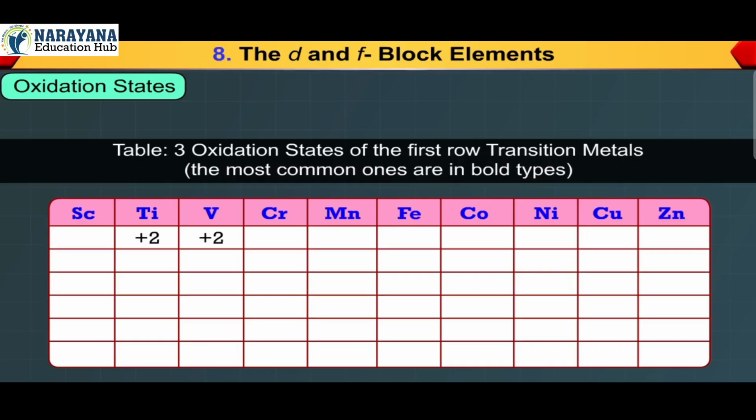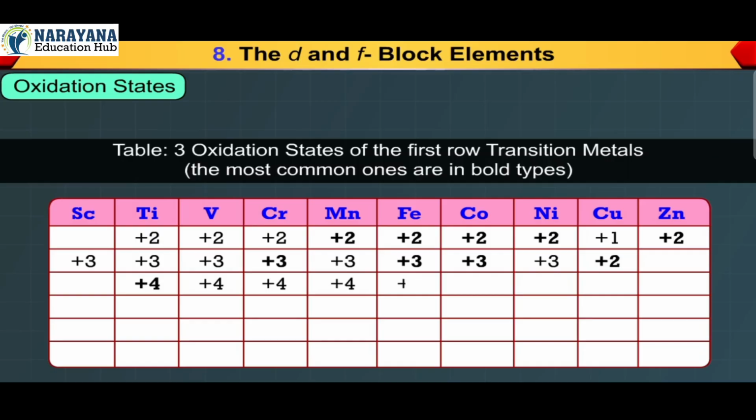+2, +2, +2, +2, +2, +2, +2, +1, +2. +3, +3, +3, +3, +3, +3, +3, +3, +2. +4, +4, +4, +4, +4, +4, +4. +5, +5, +5. +6, +6, +6. +7.